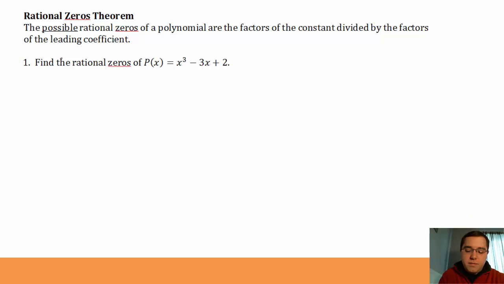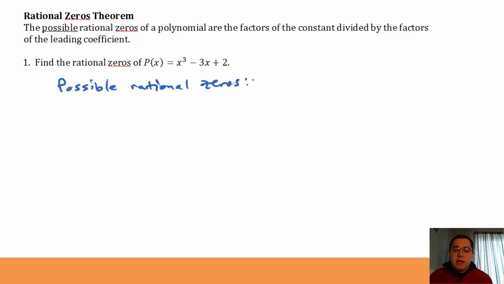The possible rational zeros, so there's going to be a rational number that is a zero of the polynomial. Those possible rational zeros are factors of the constant, which is 2, divided by factors of the leading coefficient, which is 1.